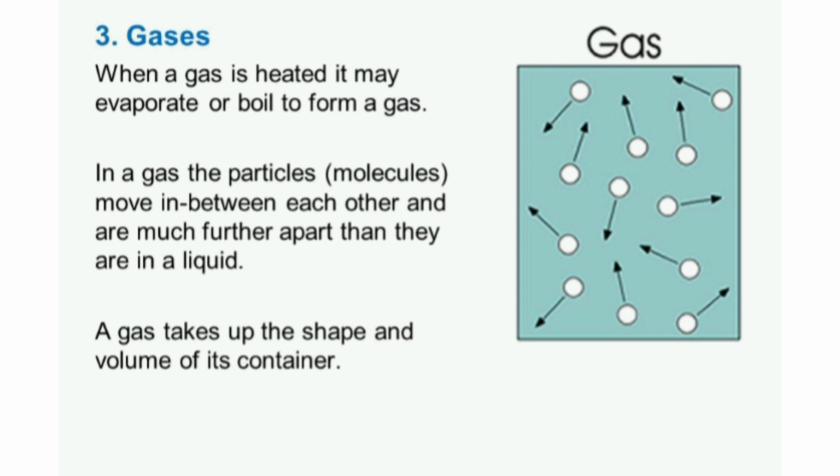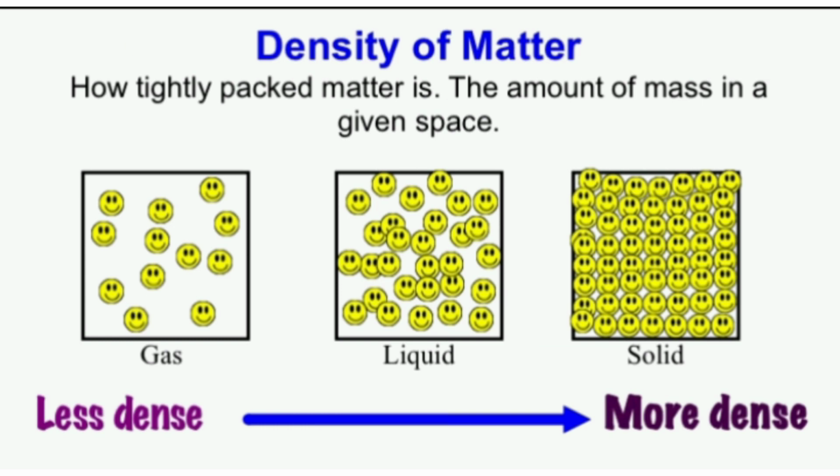Then, particles in a gas are loosely packed. They move in all directions. So, they have no fixed volume and shape. They can take any shape and volume. So, gases have the least density.